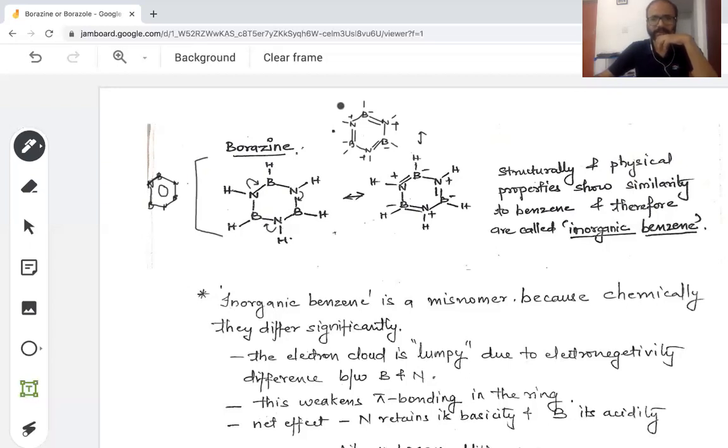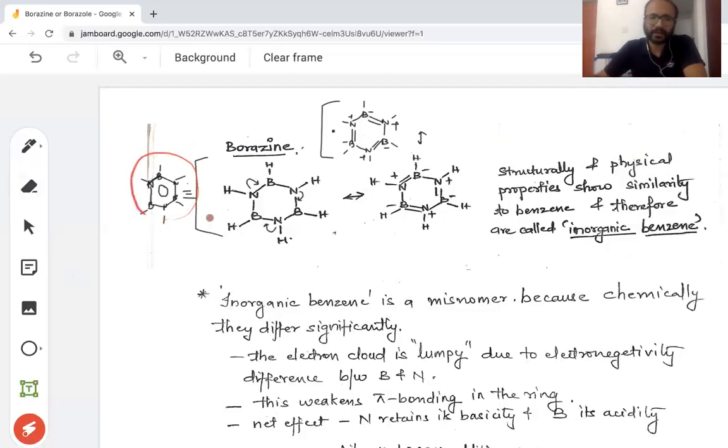This is your resonance hybrid, and on each of the nitrogen and boron, you will attach the hydrogen atom.